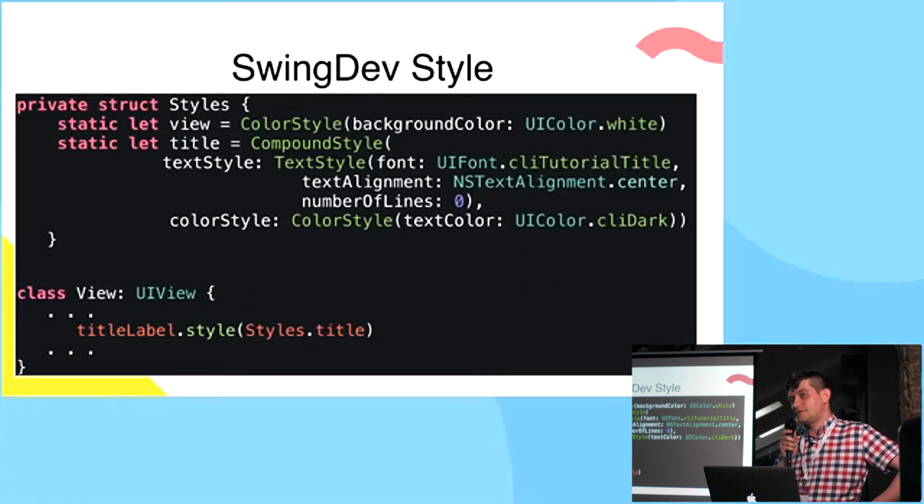This is the way we define the view appearance. For example, in our view, before the class body, we define a struct Styles, and for every subview in this view, we define the appearance of this subview.